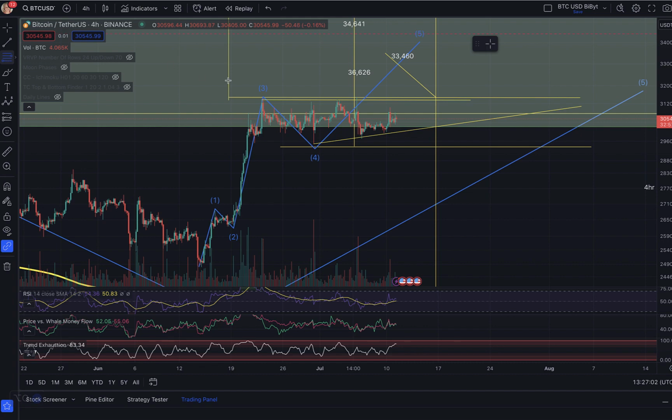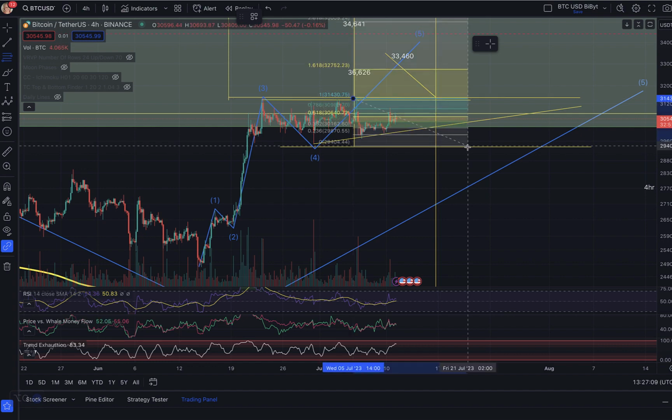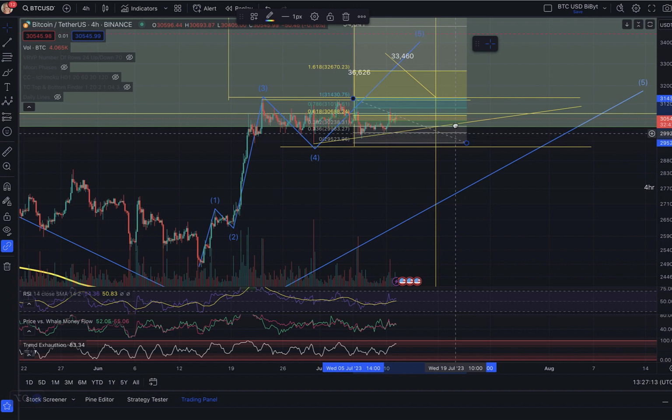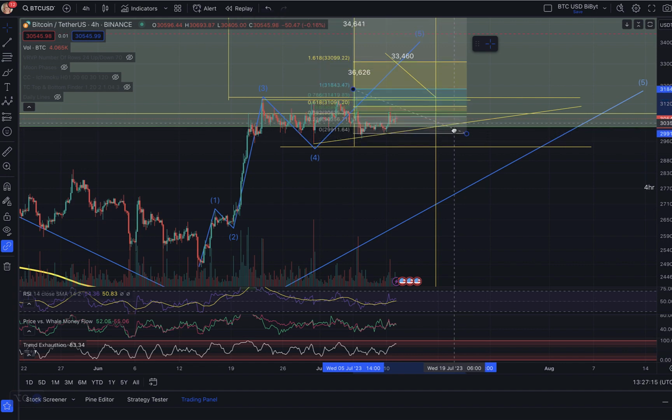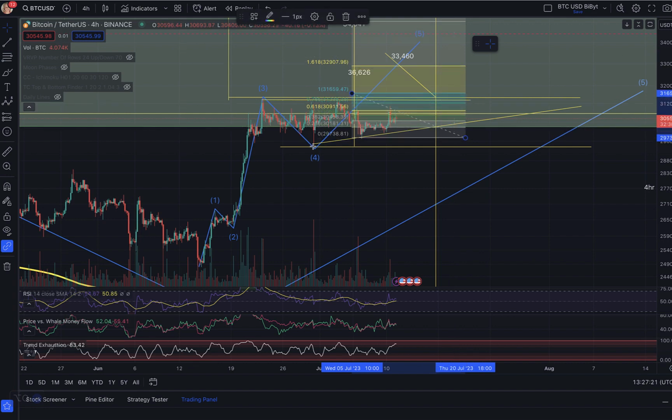We can now tell because we've got a wave 1. Pull it down to the bottom of wave 1, pull it up to where the 2nd wave came down, and then we've got wave 1, 2.